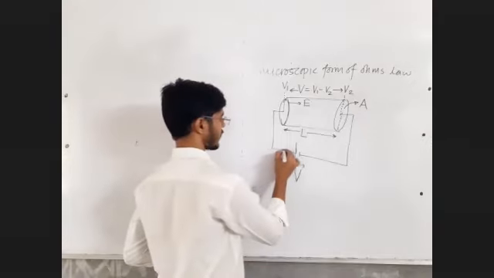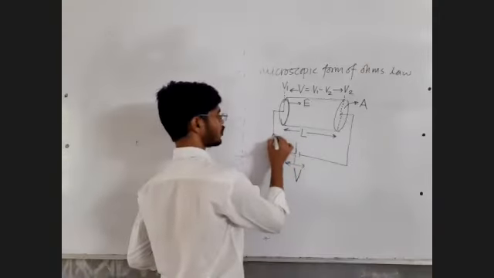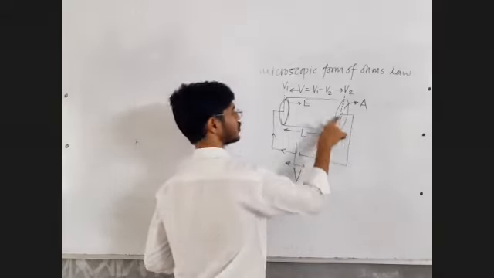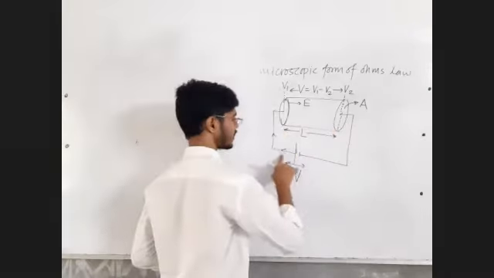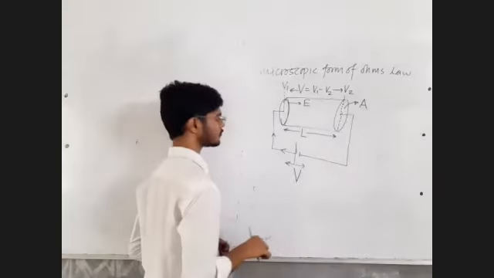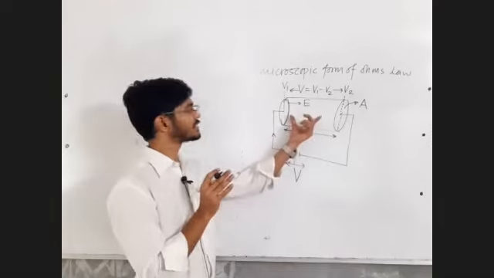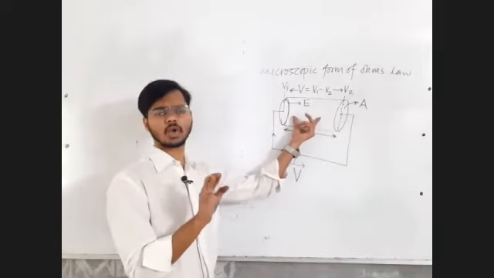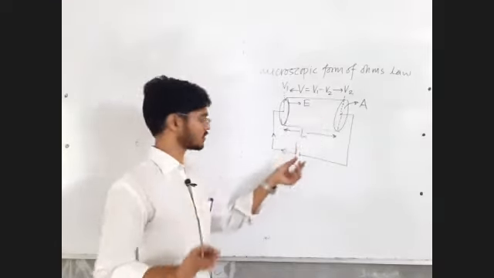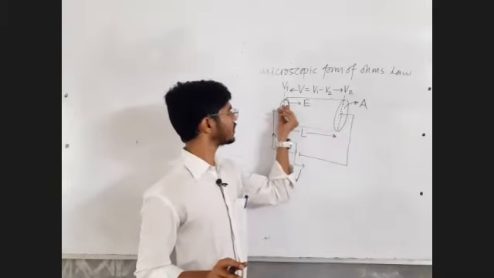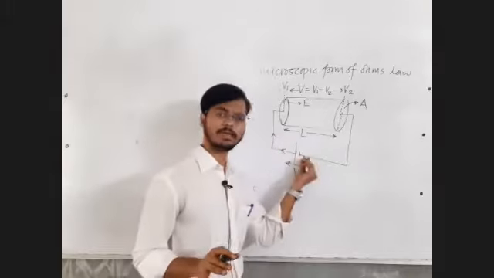The current through the battery: electrons will move anti-clockwise. The negative terminal will provide the electrons. They will move through the conductor and come back to the battery. Effectively, this conductor is not gaining any electrons, not losing any electrons. Electrons are provided by the battery, move through the conductor, and are again accepted by the battery.